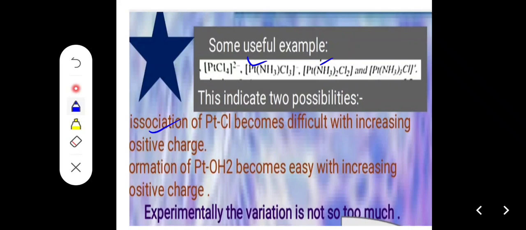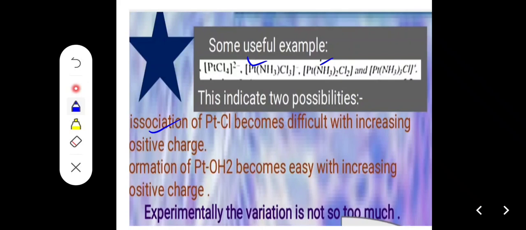When positive charge increases, the Pt-Cl bond becomes stronger, because there is more positive character on the metal and more negative character on Cl, so there is a stronger electrostatic force of attraction. So the Pt-Cl bond becomes more and more strong, and to break it we need more energy to provide.